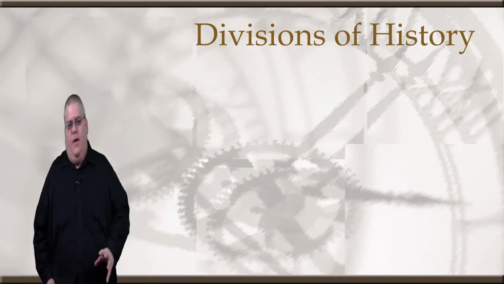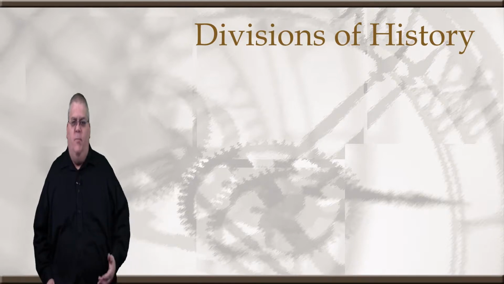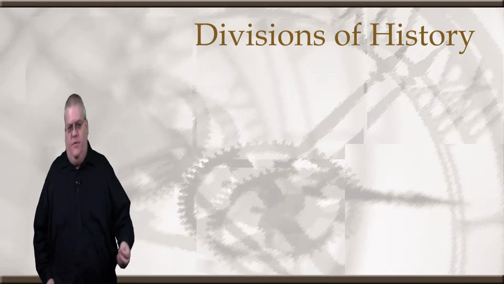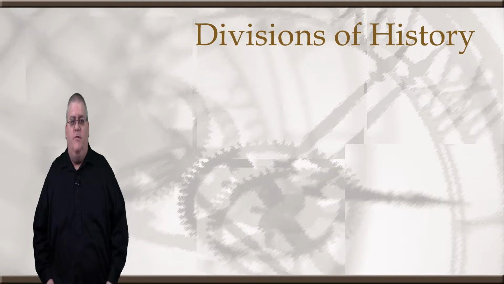Now, the last way to look at the historical divisions of the Bible is the growth of the kingdom of God. And I want to give credit for this teaching, to see this division and teach this division, to Graham Goldsworthy.